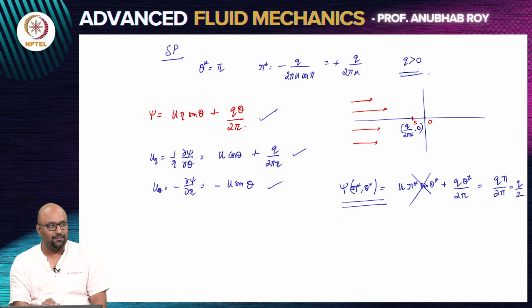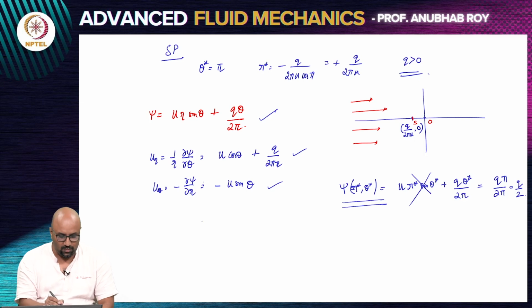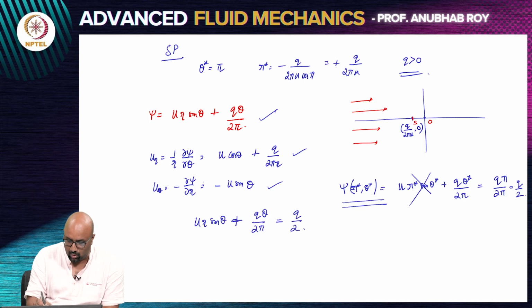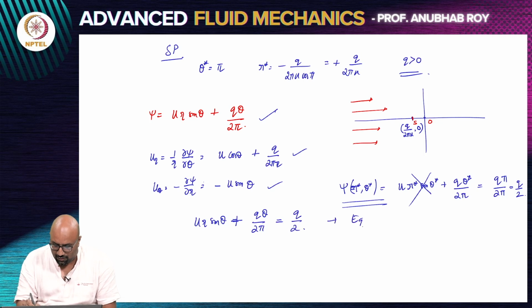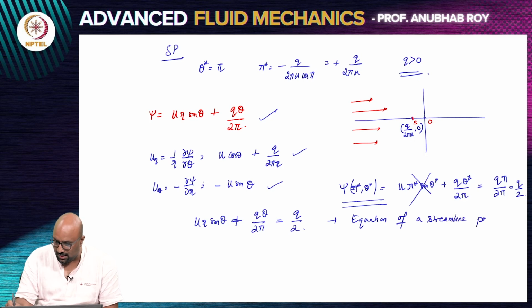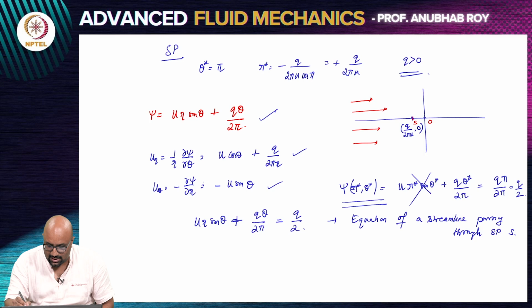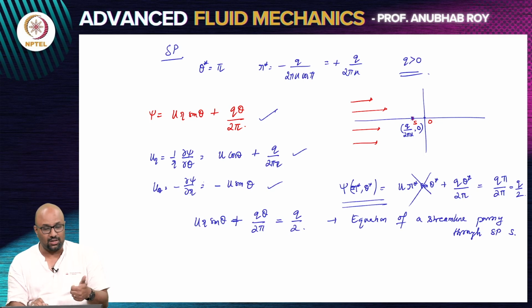The value of the stream function is constant on a streamline, which means u r sin theta plus q theta by 2 pi equal to q by 2 is the equation of a streamline passing through the stagnation point S. We first found the stagnation point, then the value of the stream function at S, and thus we know the equation of a streamline passing through the stagnation point.